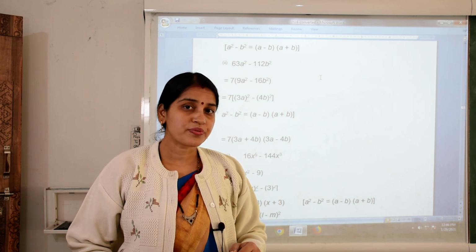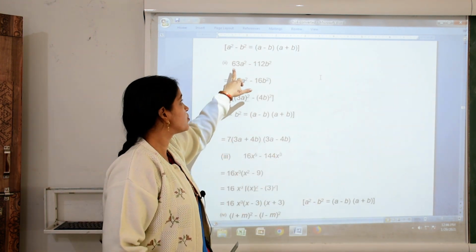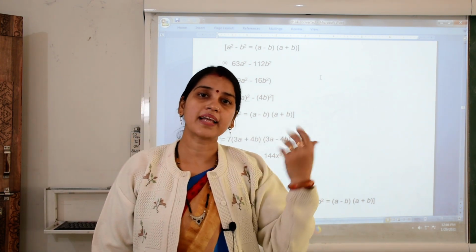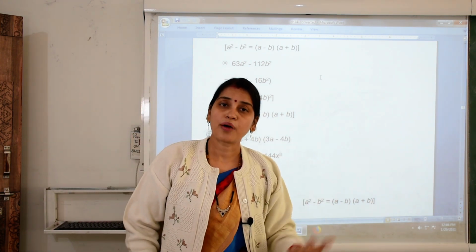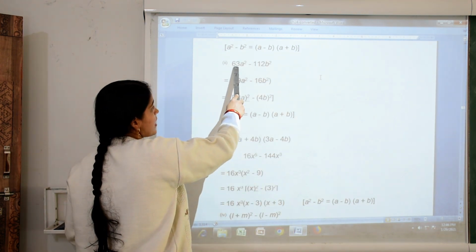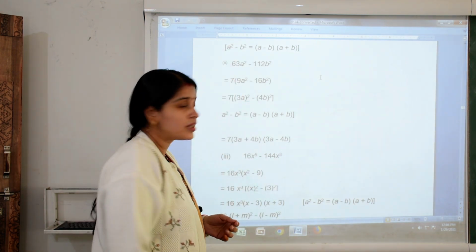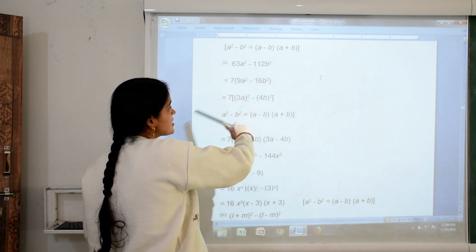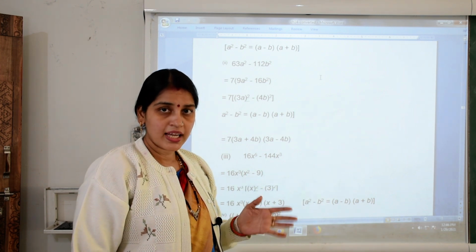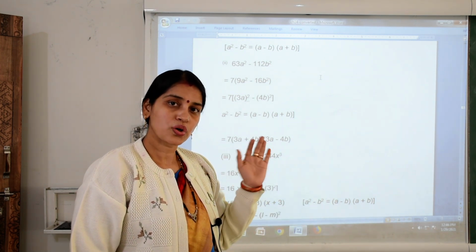So what do we have to do first? First we have to find the common factor. First whatever is common in both of these, that one we have to write outside the bracket. So 7 is common in both, because 7 nines are 63 and 7 into 16 is 112. So we are taking 7 common.